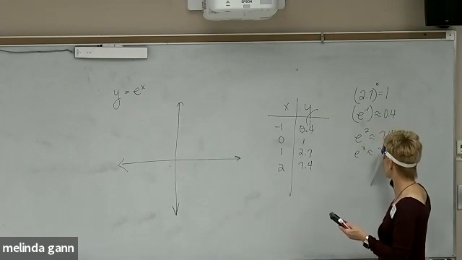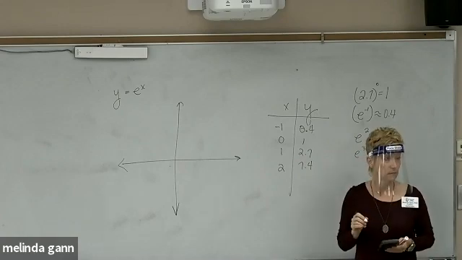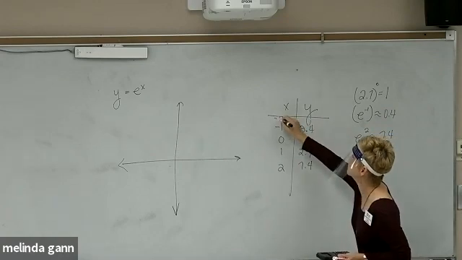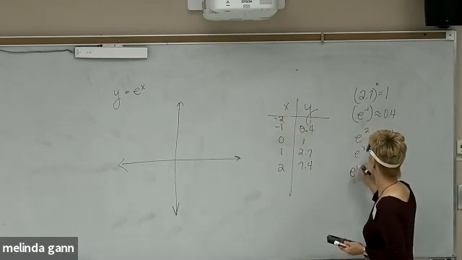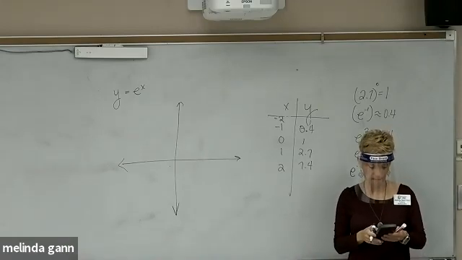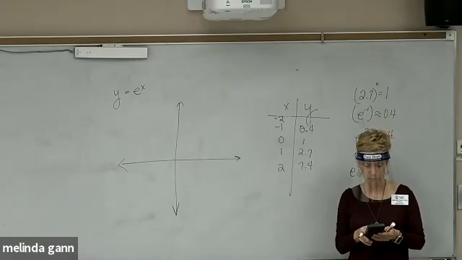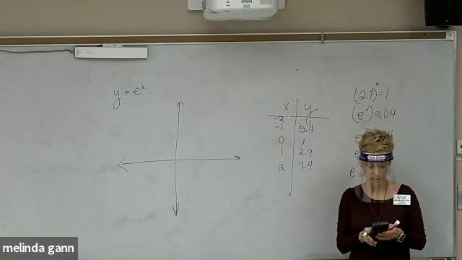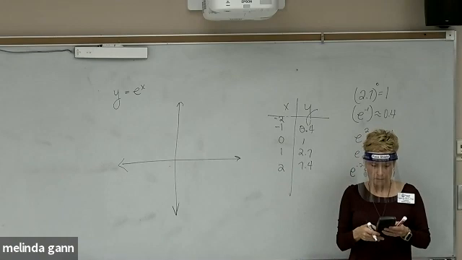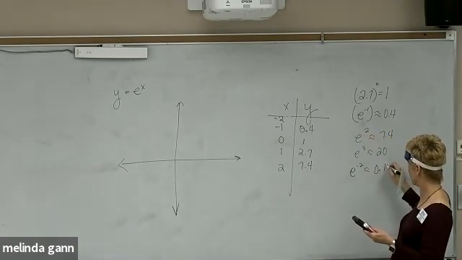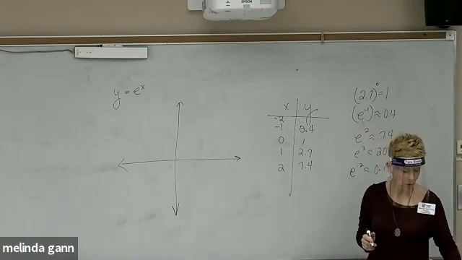Is everybody with me? Let's do one more. What if you have a negative 2? What's e to the negative 2 about? What did y'all get, about 0.14? Now, does everybody understand why that makes sense?